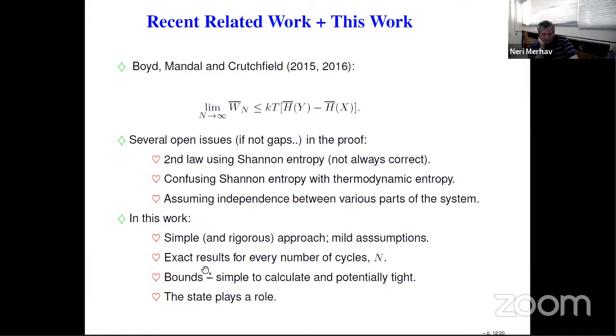And rather than asymptotic results, the results that I have are exact for every number of cycles, capital N. The bounds that I'm getting are relatively simple to calculate and potentially tight. I'll discuss it. And in contrast to their result, here the state variable also will play a role, as you will see shortly.